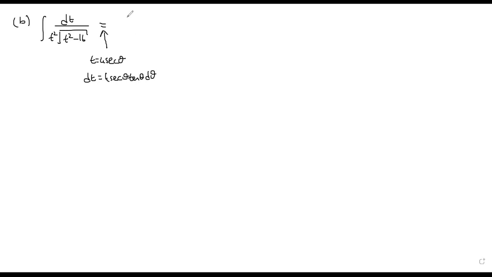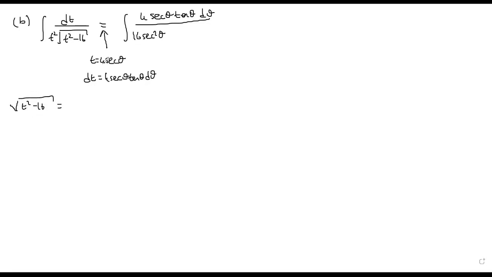Now what do we get? Let's plug all of them in. dt is equal to 4 secant theta tangent theta d theta over, now t squared is equal to 16 secant squared theta. What about the square root of that?